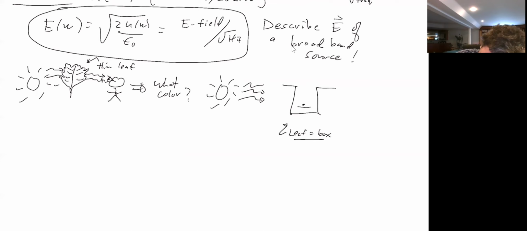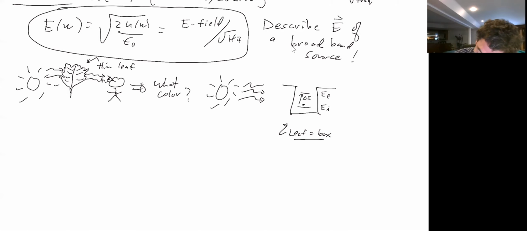So I have my initial state, and in my leaf, I only have 2 states. So this is a pretty simplified leaf. My leaf has a final state and an initial state, and I'm shooting all these photons at it, but there's an energy difference here, delta E. And so some of them are getting absorbed.